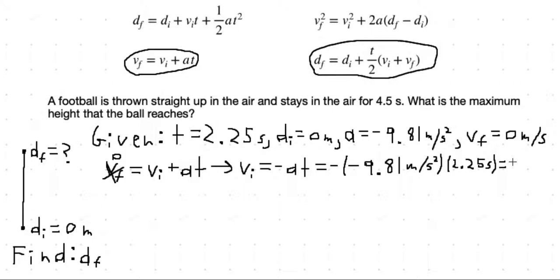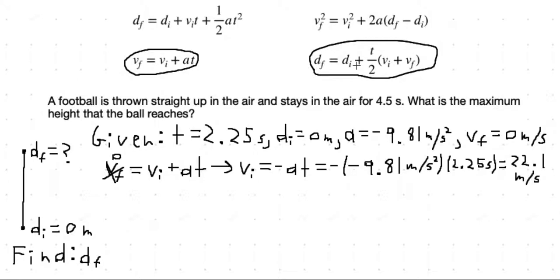If I put this in a calculator, I'm going to get 22.1 meters per second. So it gives me the initial velocity. And the initial velocity is going to be positive because the ball is being thrown upward, and upward's positive. So we now have vi.